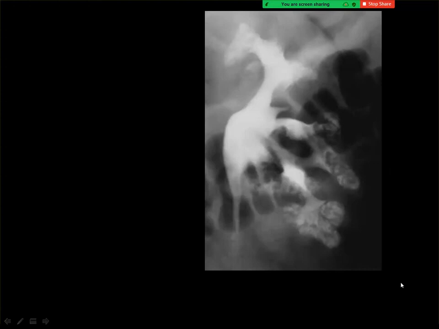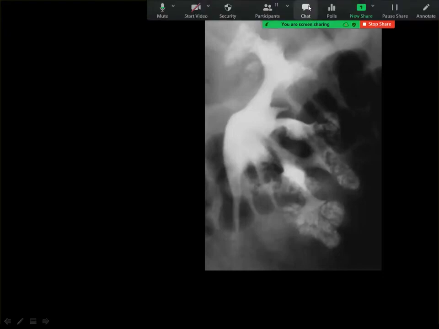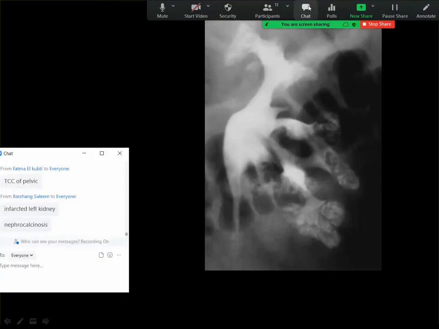Next case is a magnified view from an intravenous urogram. Yes, which type of nephrocalcinosis?